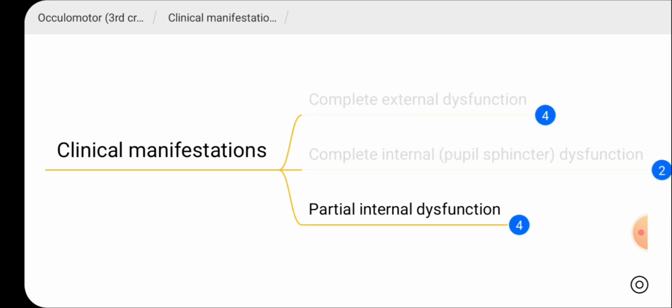Like that, the clinical manifestations of third cranial nerve palsy can be detected in a patient. So, there are complete external dysfunction features, complete internal dysfunction and partial internal dysfunction features.